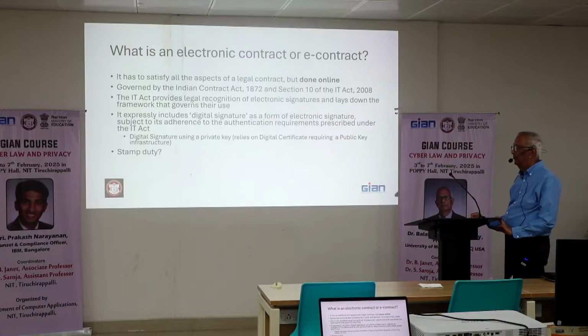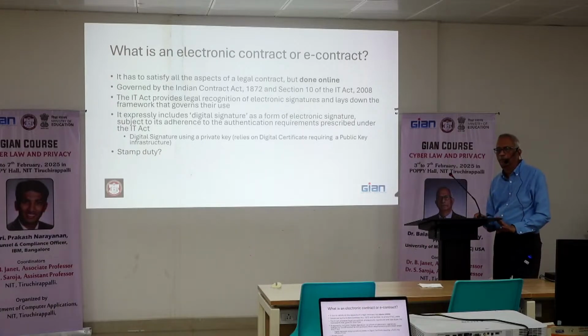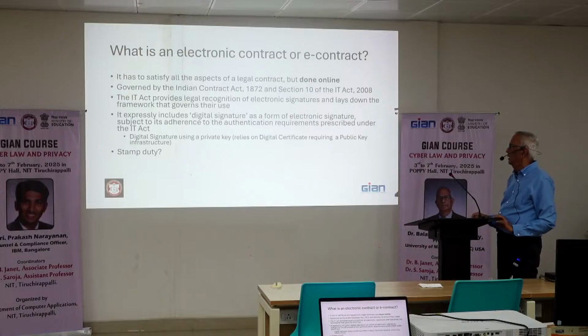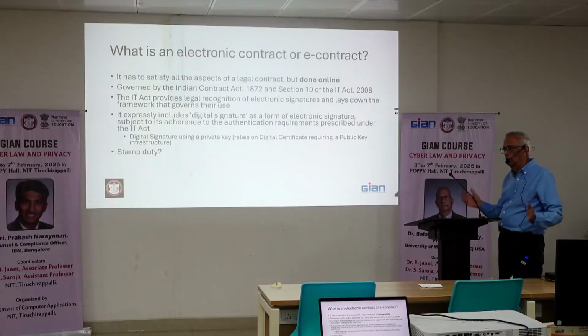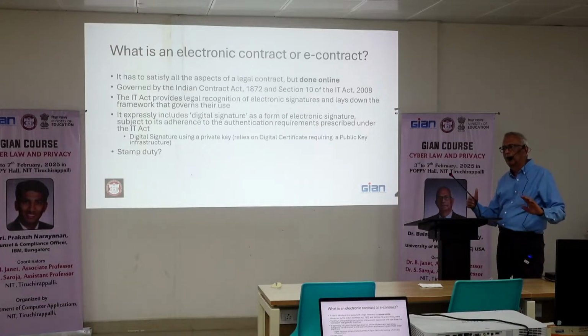The IT Act also includes what we call the digital signature as a form of signature, subject to its adherence to the authentication requirements prescribed under the IT Act. Essentially, the IT Act supports what is universally known as the digital signature, using a private key or relying on a digital certificate requiring a public key infrastructure, plus it allows other forms.